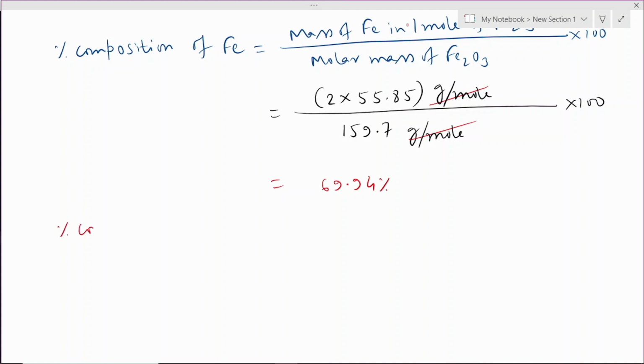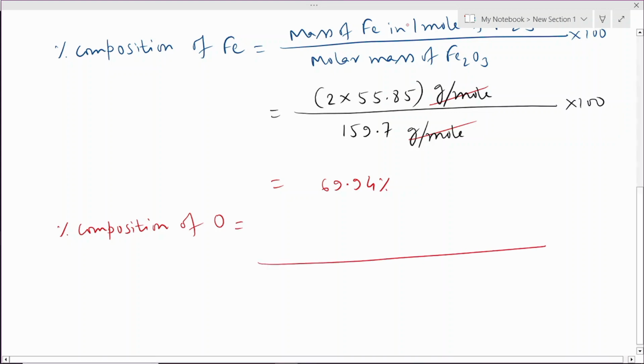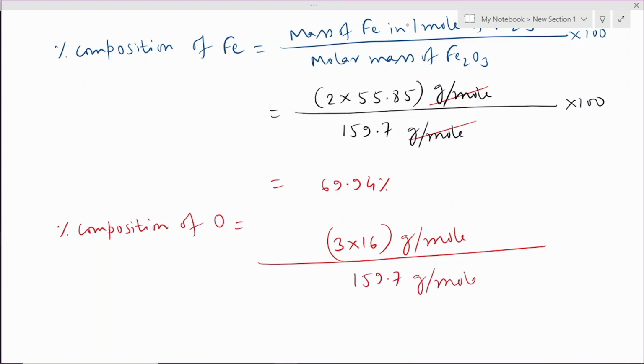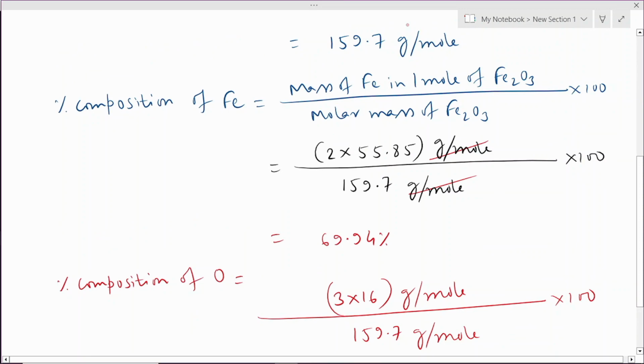Similarly, the percentage composition of oxygen is 3 into 16 gram per mole upon 159.7 gram per mole into 100, as in Fe2O3 3 oxygens are there.